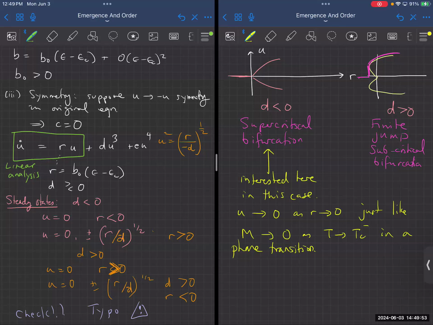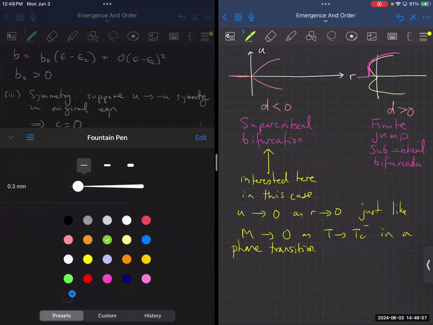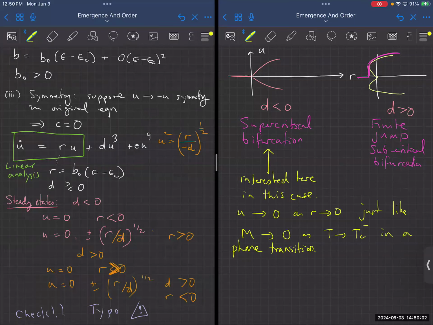So this is what we talked about last time, which is the idea that the nonlinearity stabilizes the pattern. And we saw this in Landau theory, and now we're seeing it over here as well.